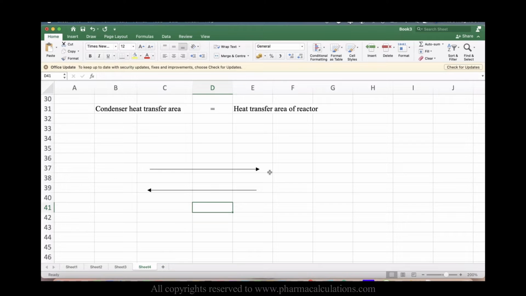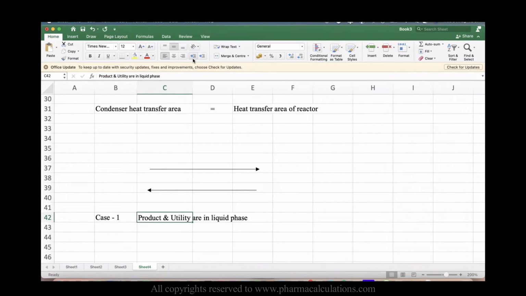Here I have taken it as a counter current flow. The first scenario we need to take is that both the utility as well as the product are in the same phase. Case 1: product and utility are in the same phase, let's say liquids.